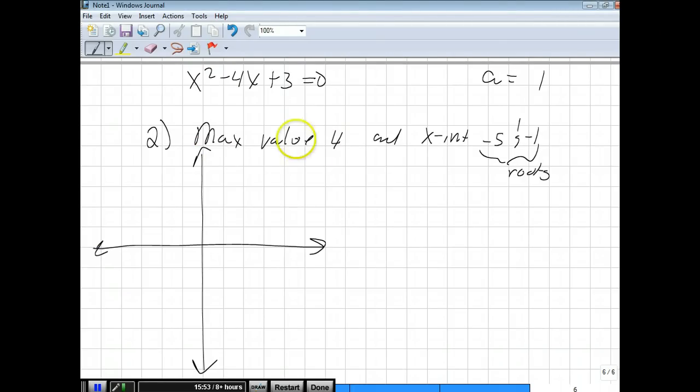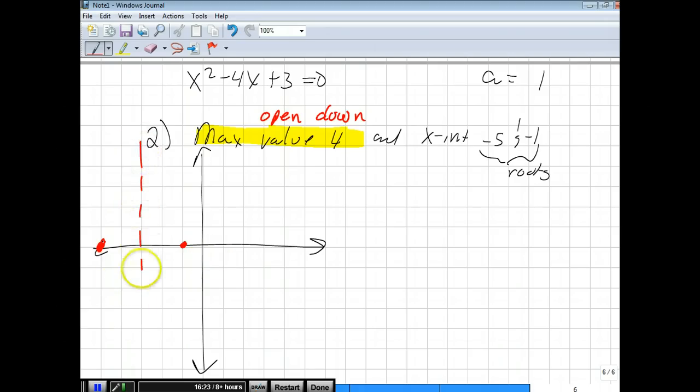And because it has a max value, that tells me it's going to open down. And my x-intercepts are at -5 and -1. So here's -1, 2, 3, 4, 5. Here's -5. And I know the axis of symmetry is exactly halfway between those.